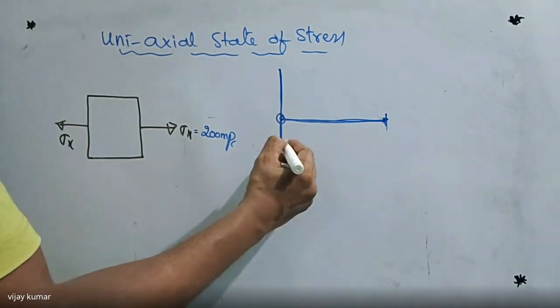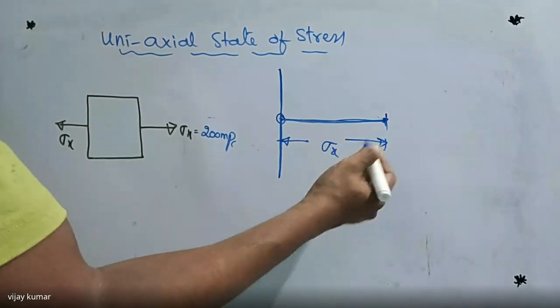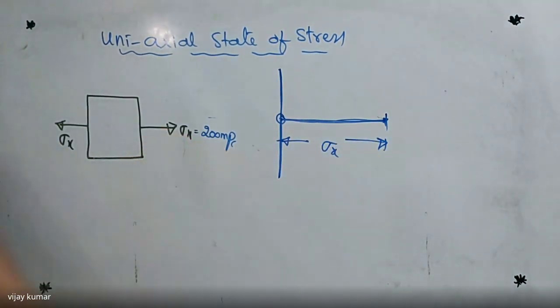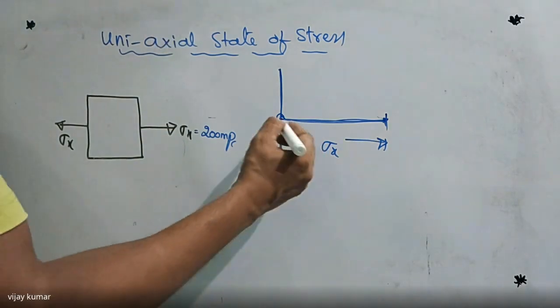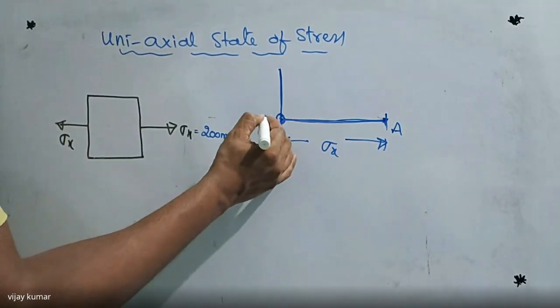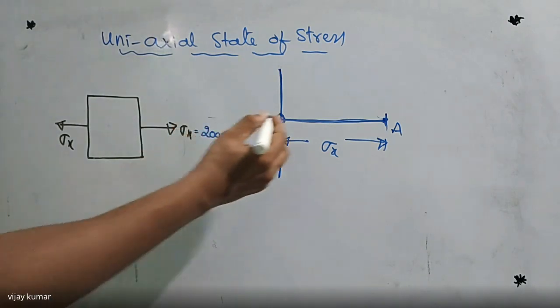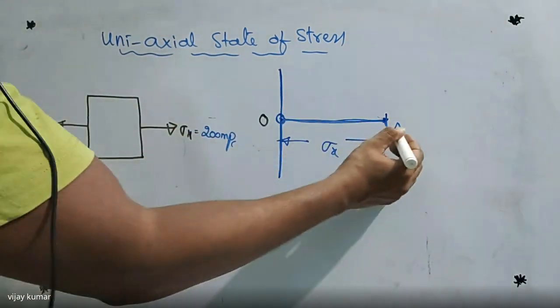So up to this point is equal to how much? Sigma x, that is 200 megapascals. I'm going to take this point as A. This is the point O, origin. So this point is O and this point is A.